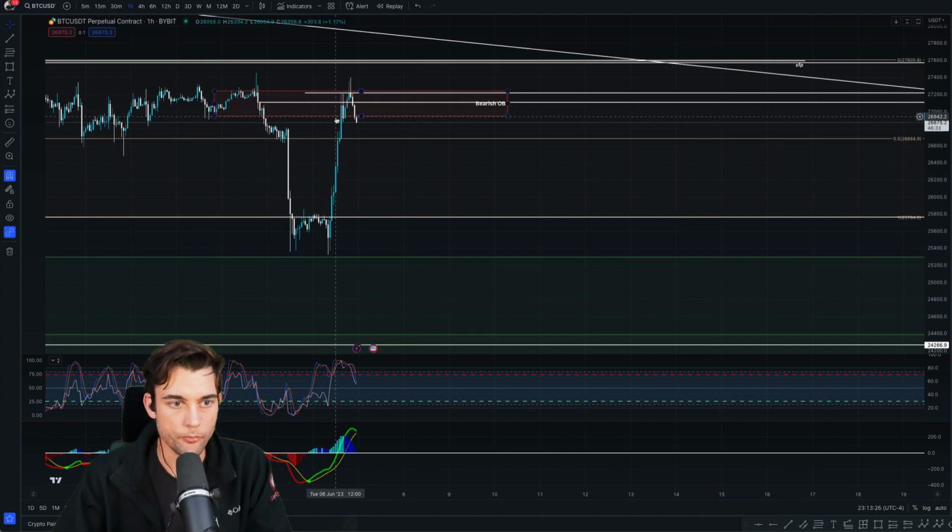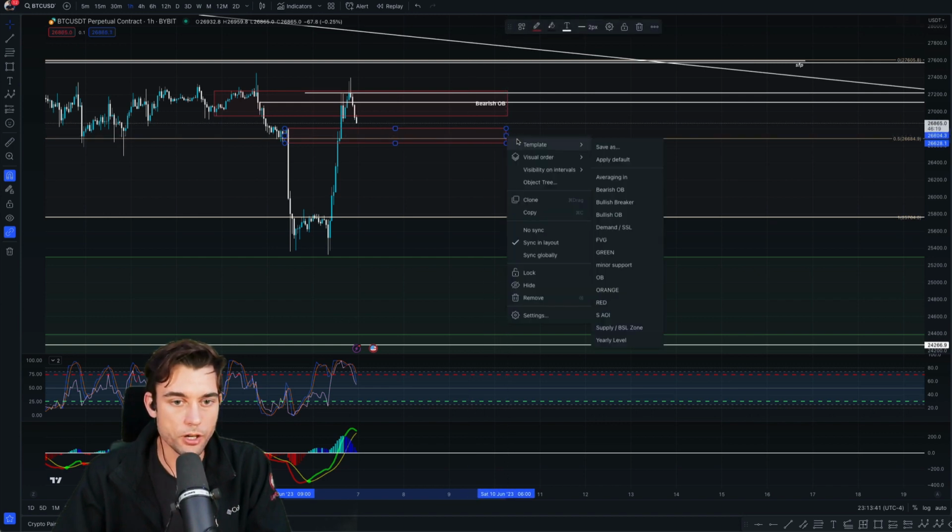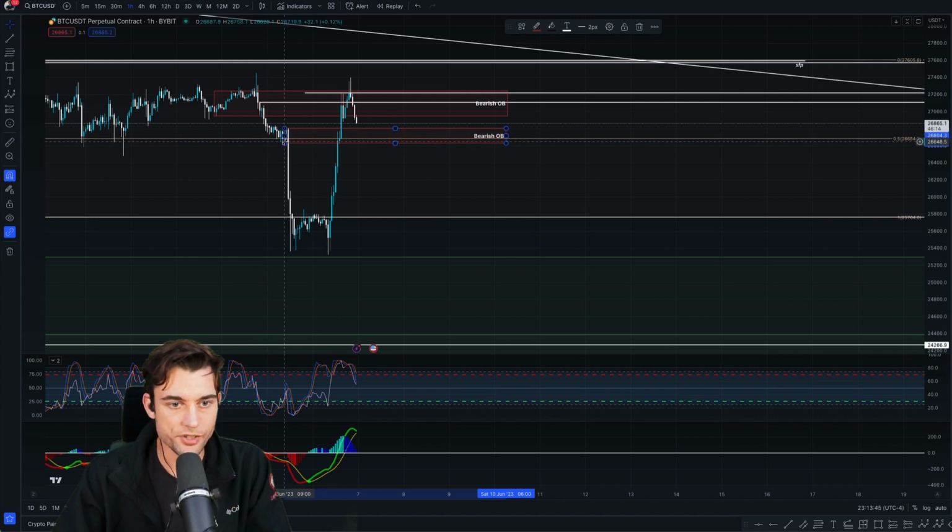So on the 1 hour, we have the low, we have the high, we have the higher low, and then we have the higher high. This though, right here, on the hourly chart, this right here was the bearish order block.